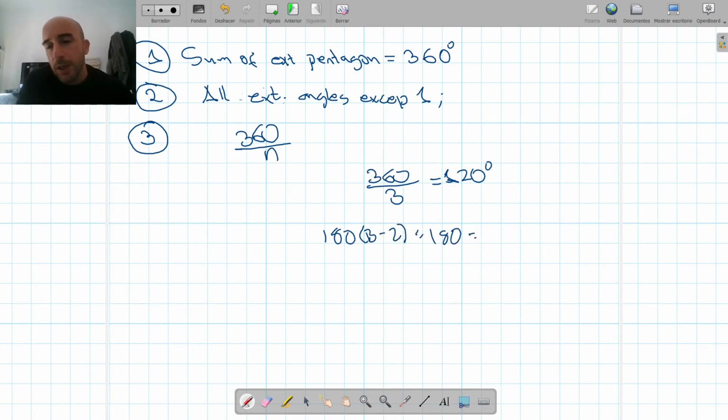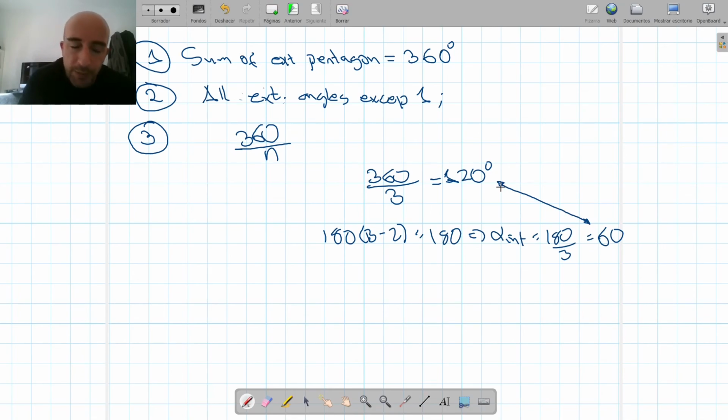And if it's regular, each interior angle is 180 divided by 3, so that's 60. And you can see very clearly that the interior angle and the exterior angle add up to 180, as we said. Okay, so if the polygon is regular, the calculations are much easier.